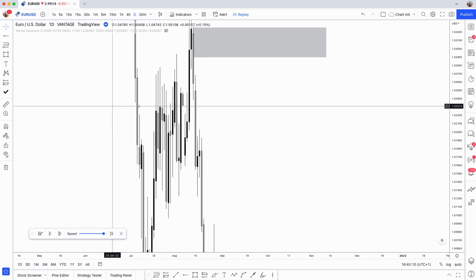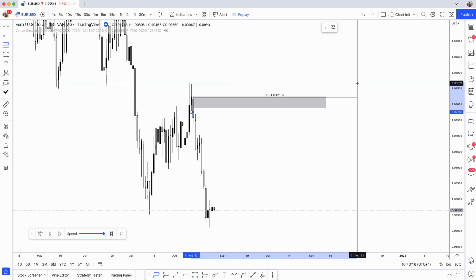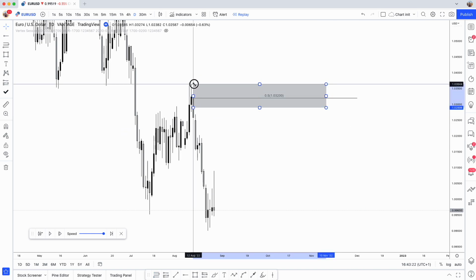So if this is the case, it depends on if it's clear to you, right? So what we can do is mark our 50% and then just do it this way.